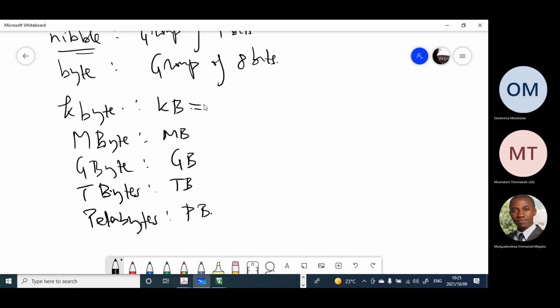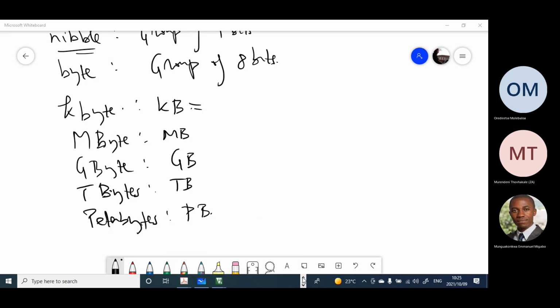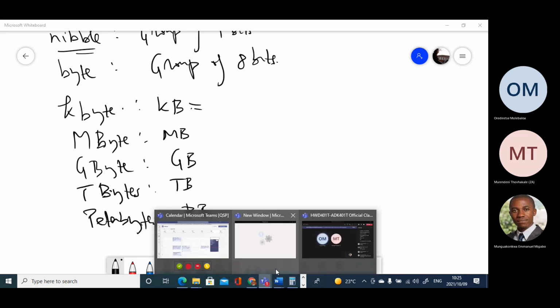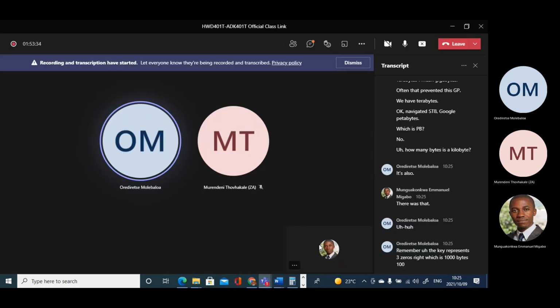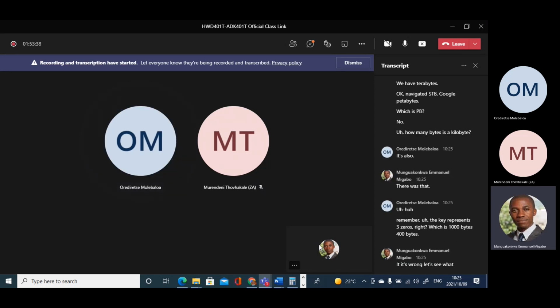1,000. Remember, the K represents 3 zeros, right? Which is 1,000 bytes. It's wrong. Let's see what the others think.